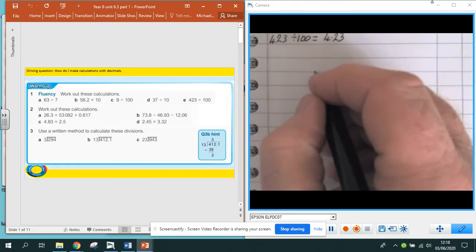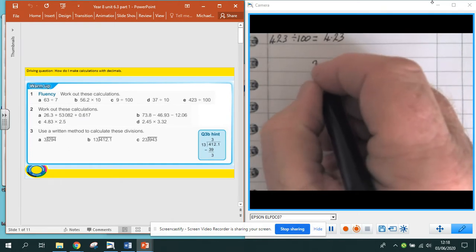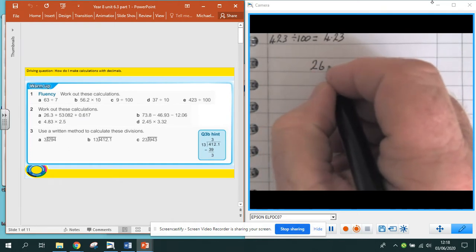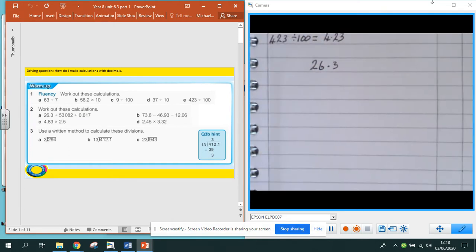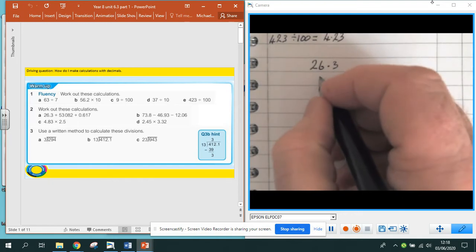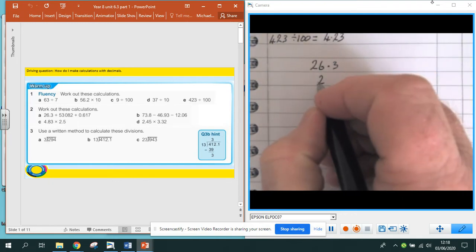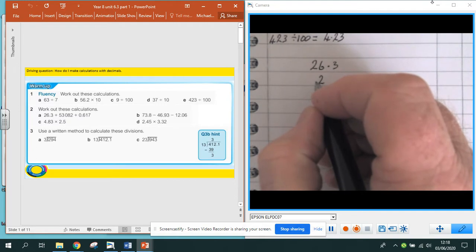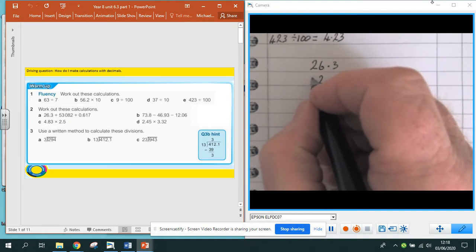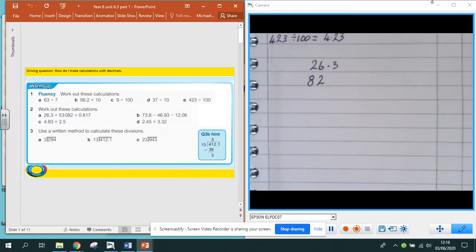So I start with my first number, 26.3. Now our next number doesn't have a decimal point in it, that's 53,082. So I'm going to line up the units. So the 2 goes under the 6 because it's in the ones column. The 8 goes under the 2 because it's in the tens column.